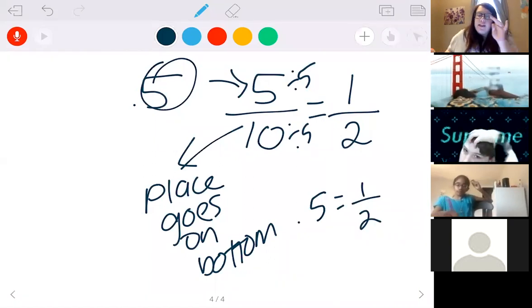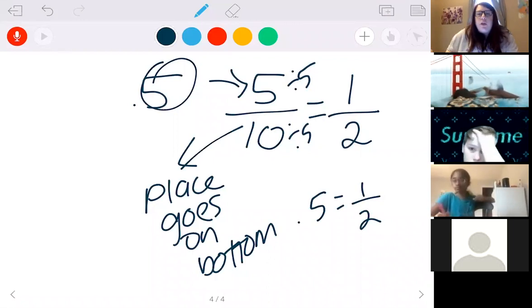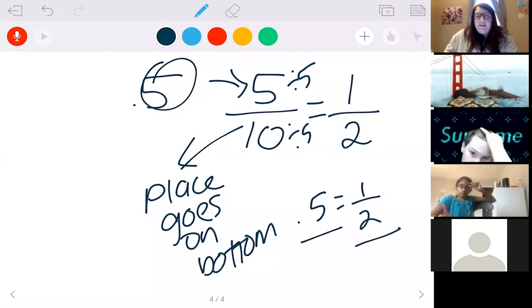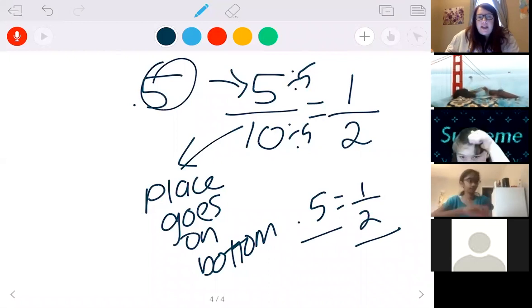Remember when we did equivalent fractions a while ago? It's probably after Christmas, in January we did that. So it means the same thing. If I said you could have a pizza that was in 10 slices and you got 5/10 of it, that means you get half of the pizza. So if you see one like that, that's what you do.